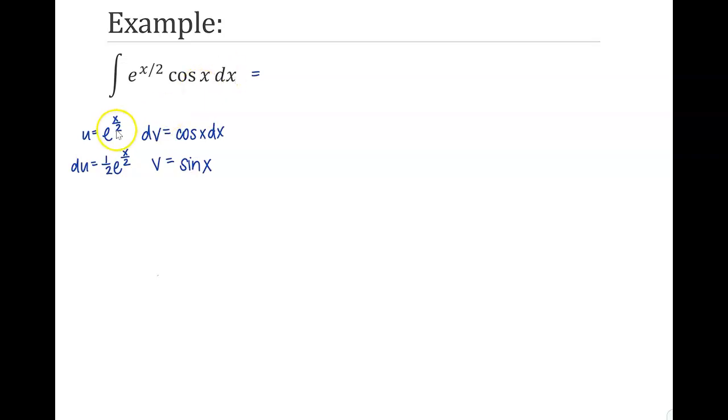So if I have u times v, that's e to the x over 2 times sine x, minus, and then we have v du. So we're multiplying across here basically. So I'm going to put minus the integral of 1/2 e to the x over 2 sine x dx.